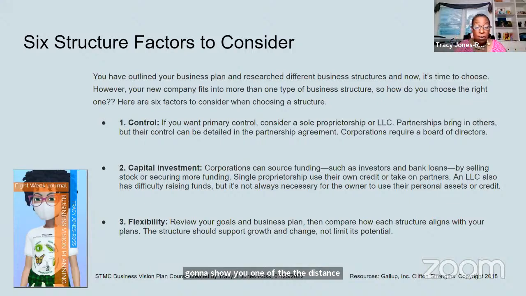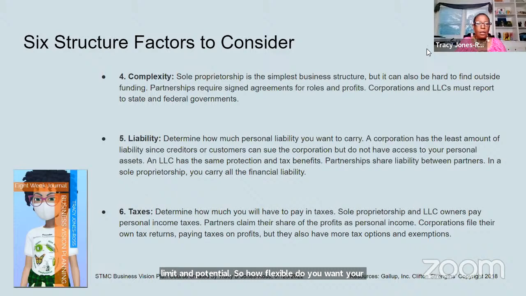Another consideration is your flexibility. Review your goals and business plan, then compare how each structure aligns with your plans. The structure should support growth and change, not limit your potential. So how flexible do you want your business to be? Fourth is complexity.